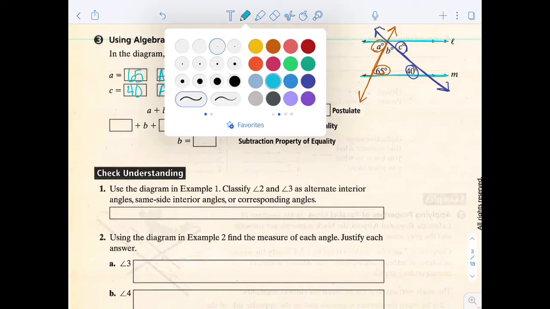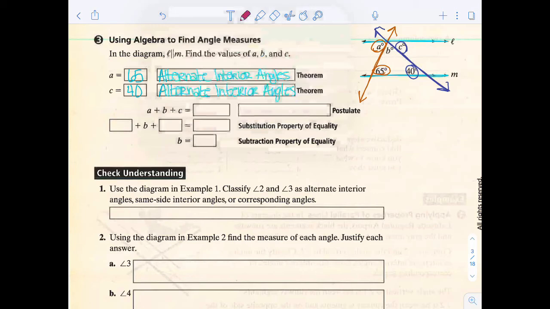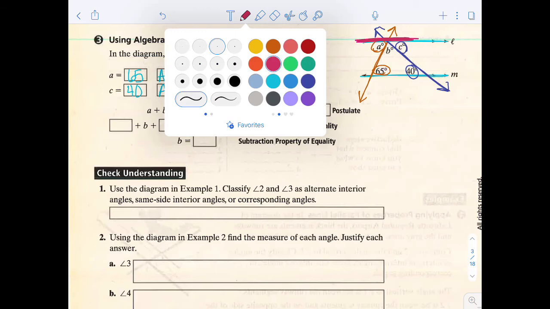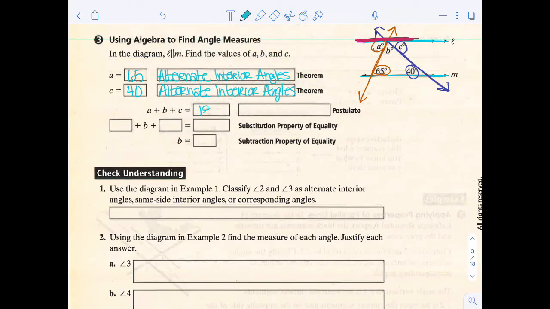Then we still need to know what angle B is. A, B, and C all add up to make this straight line. So A plus B plus C equals 180 degrees by the angle addition postulate, because they make a straight line.